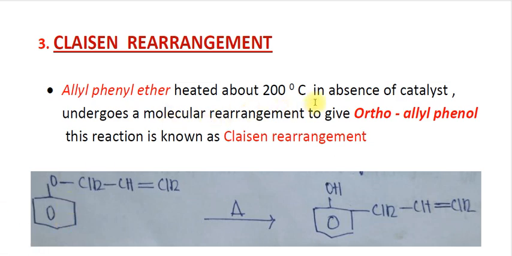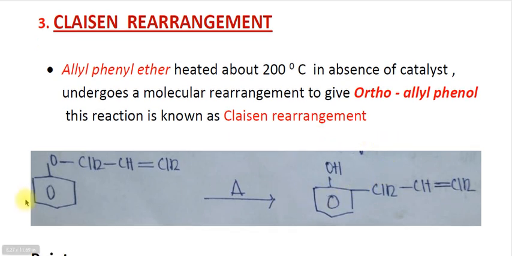If it is heated to about 200 degrees Celsius in absence of catalyst, it undergoes a molecular rearrangement to give ortho-allyl phenol. This reaction is known as Claisen rearrangement.